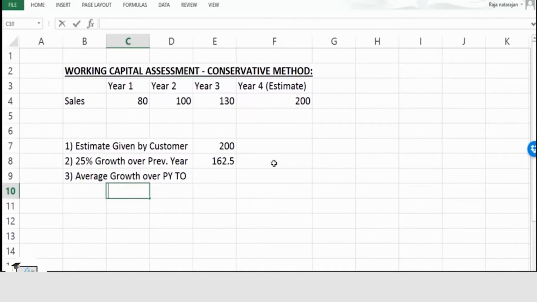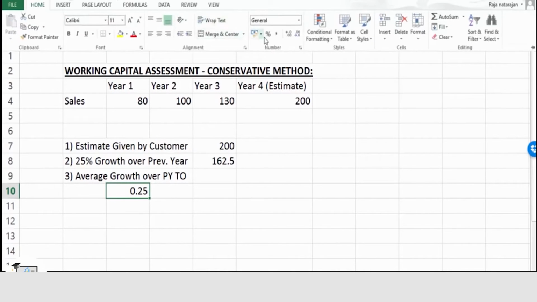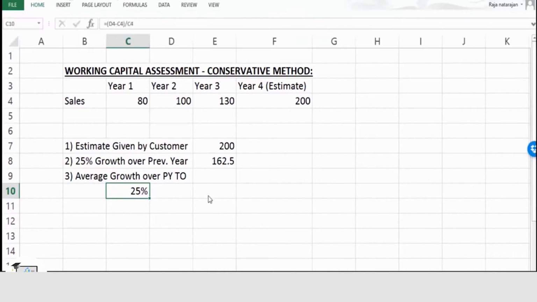If I measure the growth between year 1 and 2, it's 100 minus 80, which gives you the growth, that is 20 divided by 80. So what is the growth here? If I express it as a percentage, it is 25. Similarly, I have to do it between year 2 and 3, and apparently we can see it's a 30% growth, because it is 130 minus 100, 30 over 100, it's 30%.